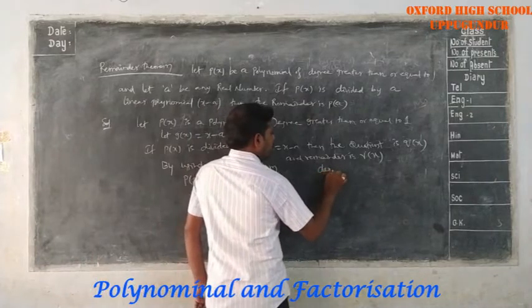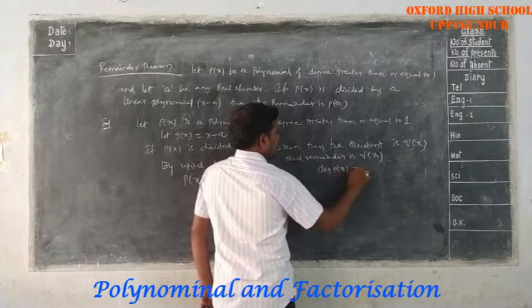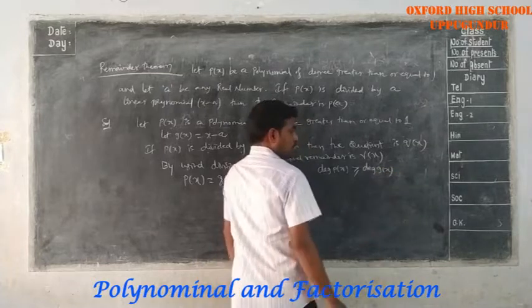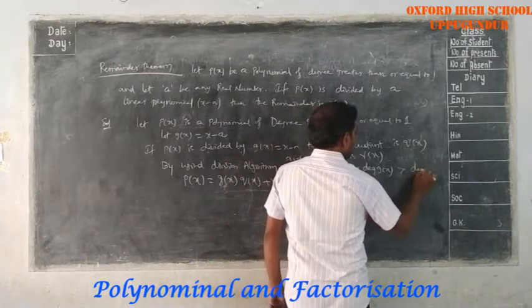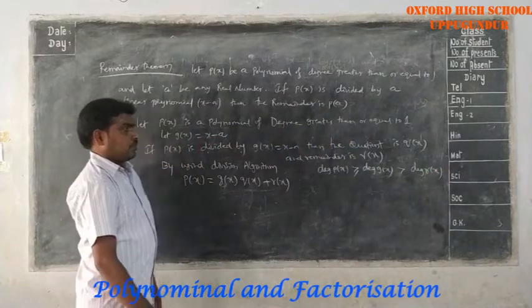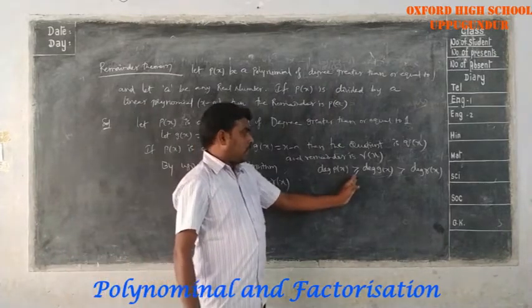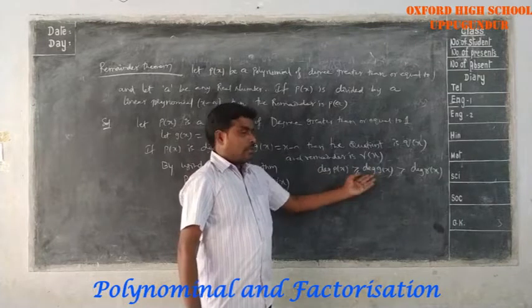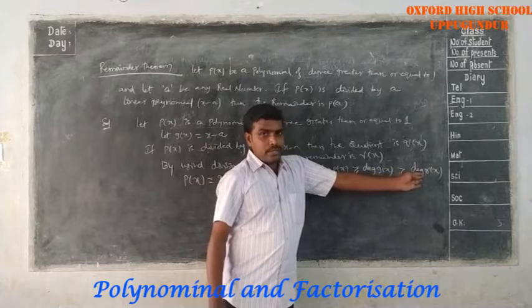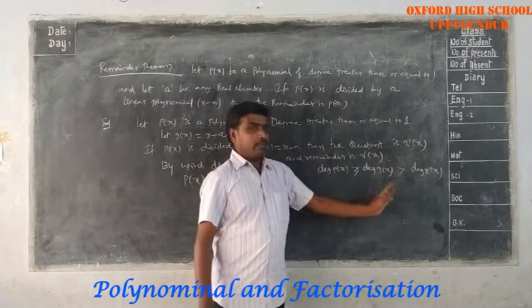Degree of P of x is always greater than or equal to degree of g of x, which is always greater than degree of R of x. So this is the condition we have. Why? Because only if degree of P of x is greater than or equal to degree of g of x is division possible. Up to where do you have to divide? Up to the point where the degree of the remainder is less than degree of g of x.